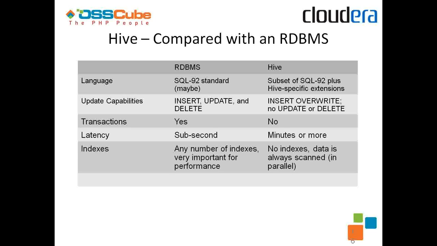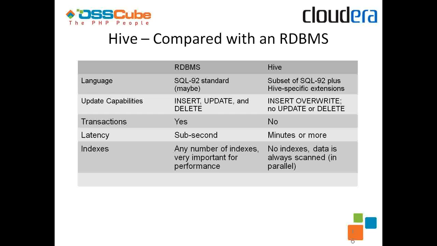So because of that limitation, Hive also does not support inserts. And I mean inserts in the sense that you can insert new records. It says insert overwrite. What it means basically is you drop the contents of the table and you write a complete new set of data into that table. So this is one of the main differences.